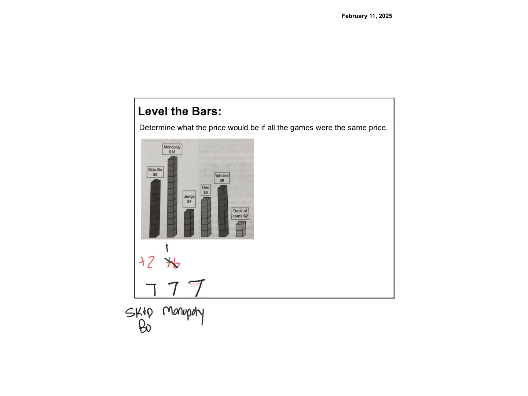So now I only have 3 left, okay? Uno, I need 1. Okay, so I'm going to take 1 from here. So I only have 1 left to give. Yahtzee. Okay, so Yahtzee, if I go ahead and I want it at 7, I need to take 1 away. So I have 1 to give.